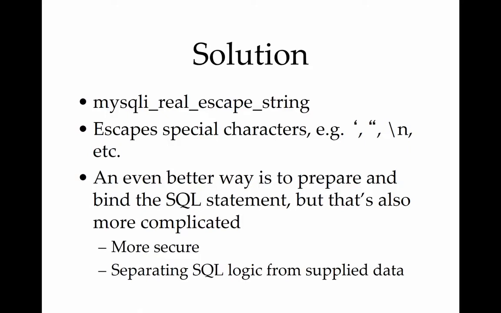Solution is we need to escape certain characters. So in computer science we've often got the situation that a character, like a comma, like an apostrophe, has a certain meaning. And usually when we use that apostrophe, that comma, we want to use that special meaning. But sometimes we just want to use that symbol without giving it that special meaning.